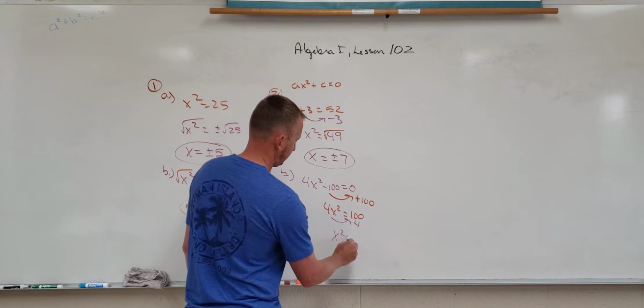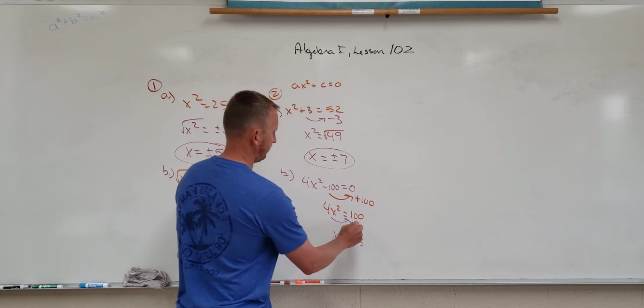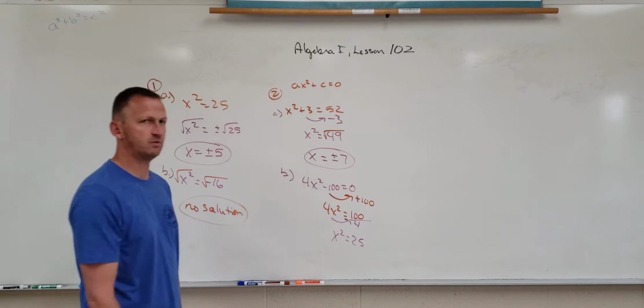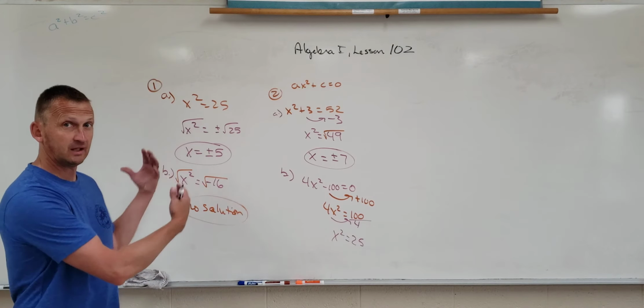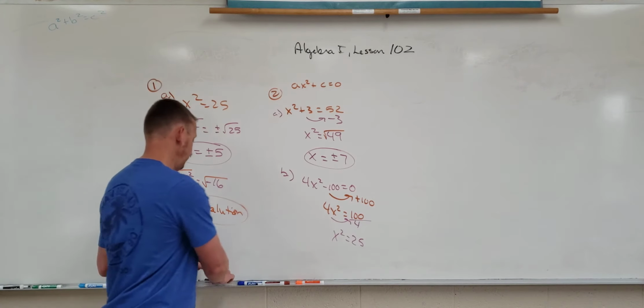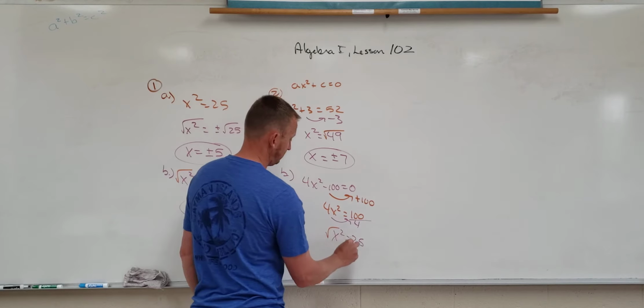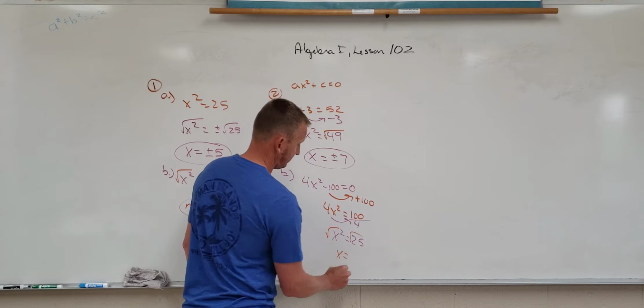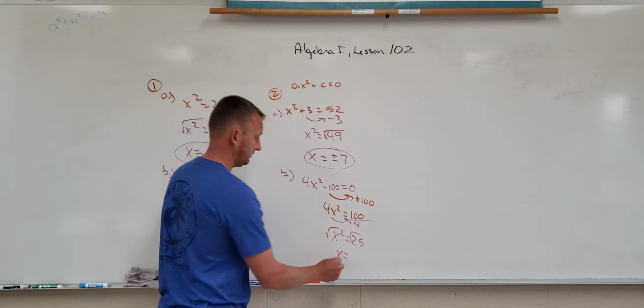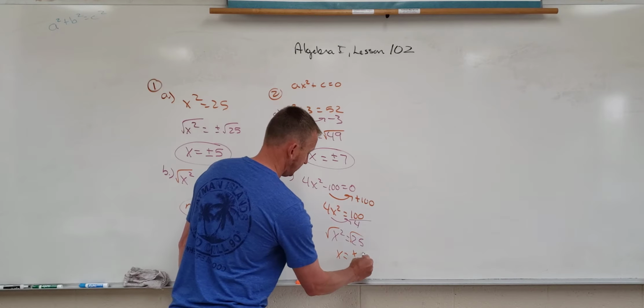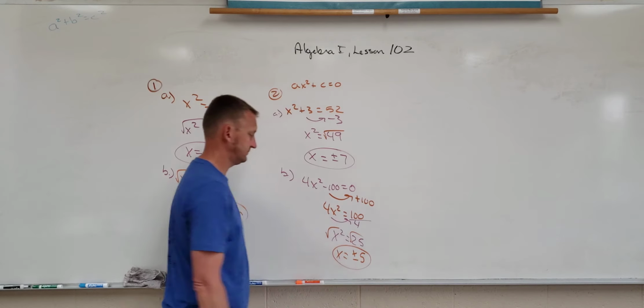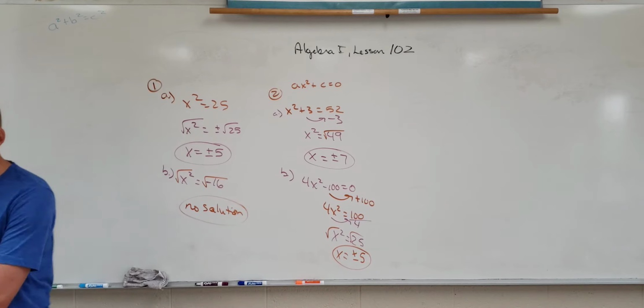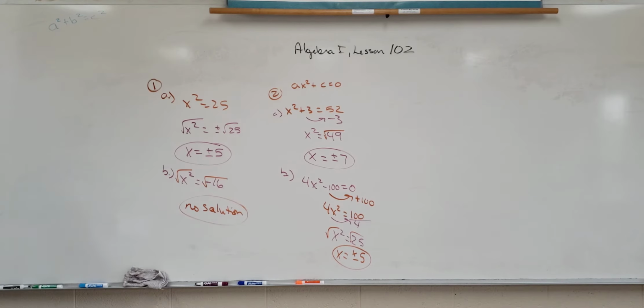So x squared equals 25. 100 divided by 4 gives us 25. So going back to what we've been talking about, square root of each side, x equals, we're not dealing with distance, so plus or minus 5. Okay? These aren't bad at all.